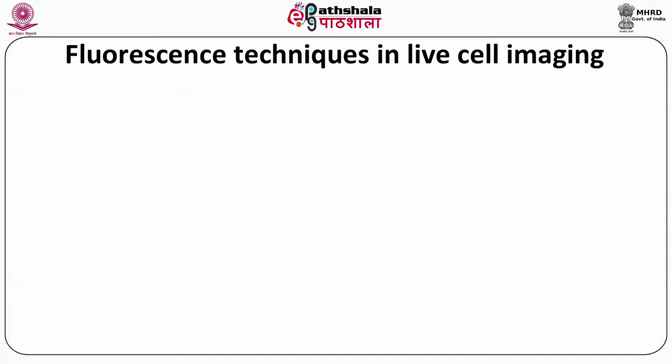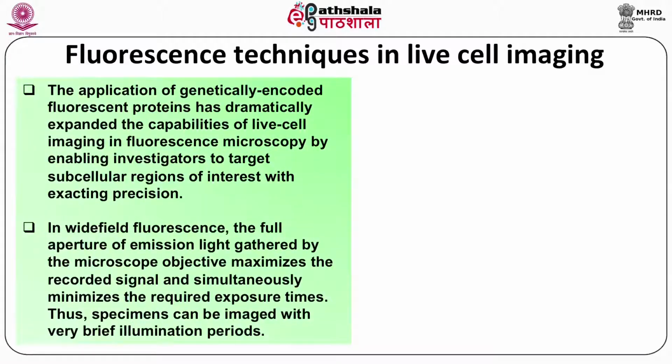Here we discuss the fluorescence technique in live cell imaging. You can see the application of genetically encoded fluorescent protein has dramatically expanded the capability of living cell imaging in fluorescence microscopy by enabling investigators to target subcellular regions of interest with exact precision.